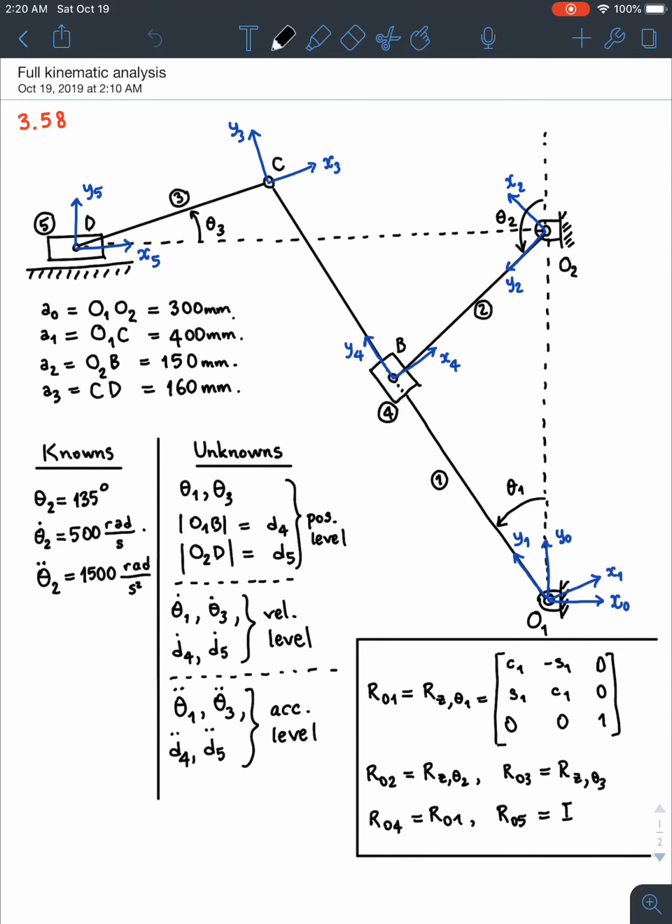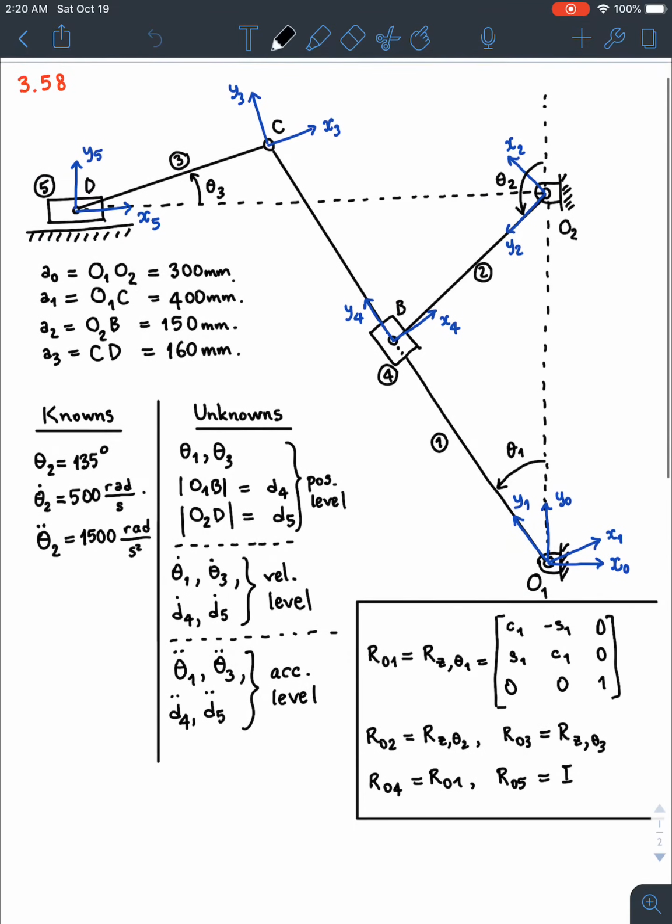So this is a pretty complicated mechanism, at least as far as planar mechanisms go. We already have gone through this position level analysis of this mechanism, but let's briefly repeat that and spend most of our time on the velocity and acceleration level analysis.